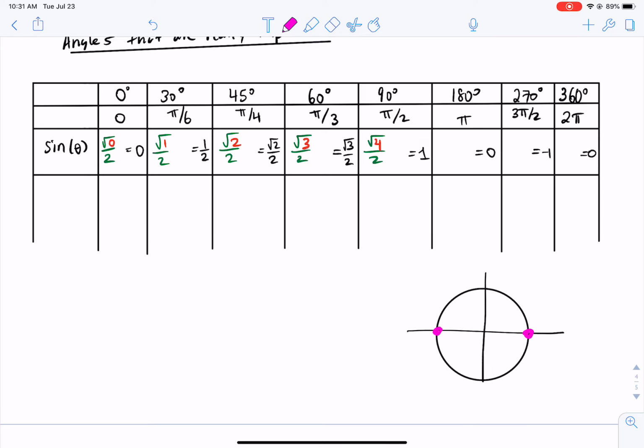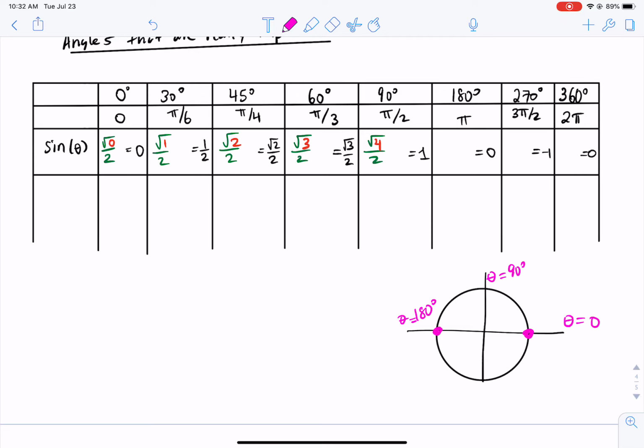And what are the y values representing? The y values are representing sine. So what is theta equal to at the positive x-axis? Theta here is 0. What is theta equal to on the other side of the x-axis? This is going to be 180 degrees. What will be the value of theta right in the middle? Pi over 2, or let me just put 90 degrees.